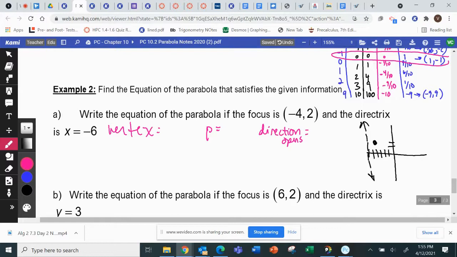Remember, the focus is inside of the parabola curve. So I can just go over here and say the parabola's got to be this way. So it should open to the right.